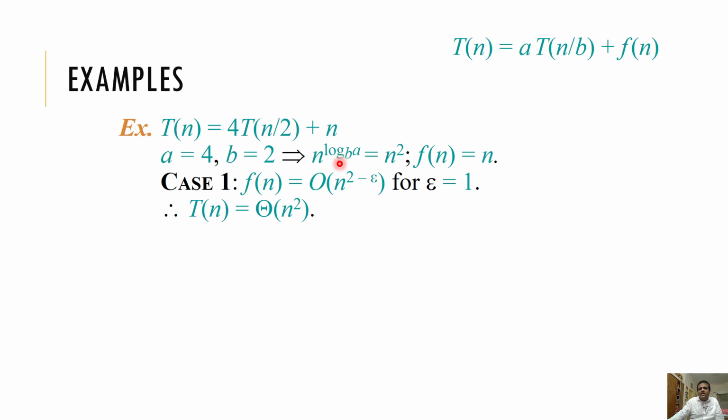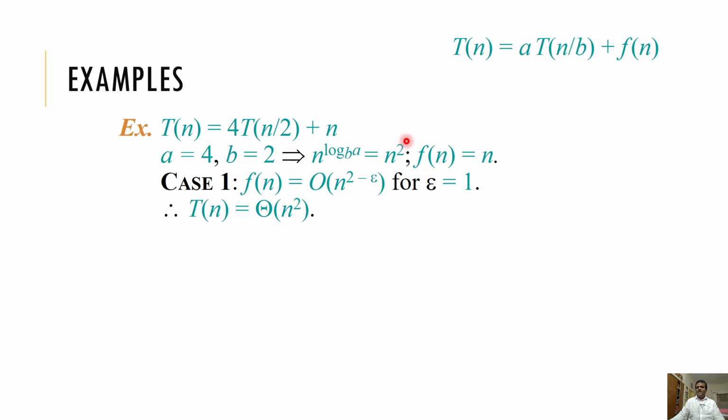So n to the power log a base b is n squared, and f(n) is n. Who is dominating? n squared is more, and it is polynomially more. If we divide n by n squared, it is less than some constant times this. This is the mathematical way to see that f(n) is polynomially smaller than n to the power log a base b.